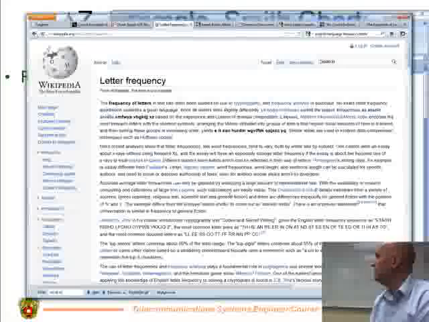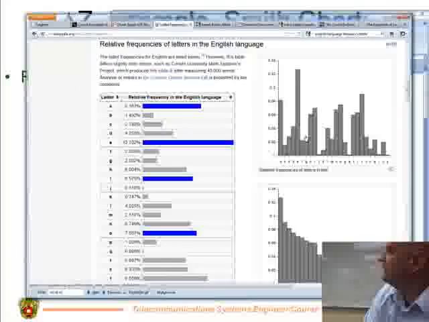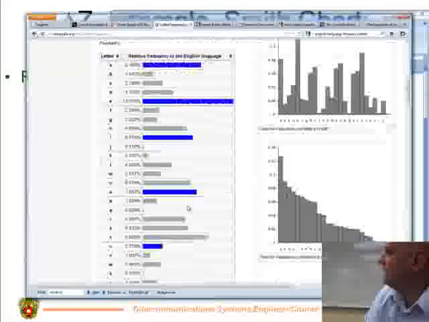So when you're doing this, you can go through it with different languages. Here, E is 12.702, which is about what we saw.